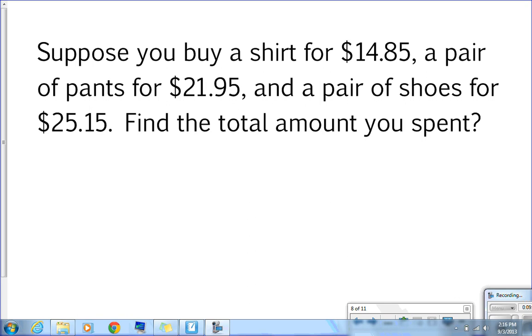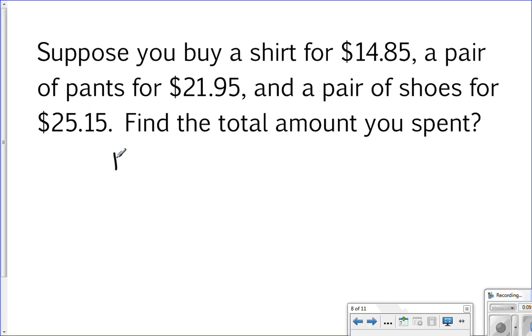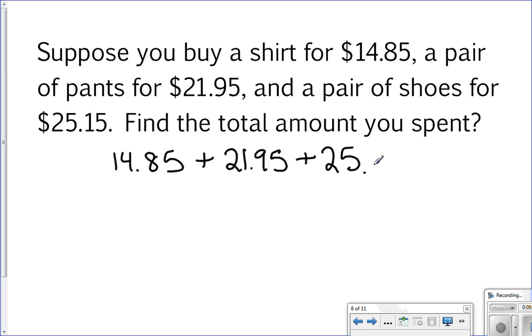Since we're buying all these items, we're going to have to add them all together. So I get $14.85 plus $21.95 plus $25.15.